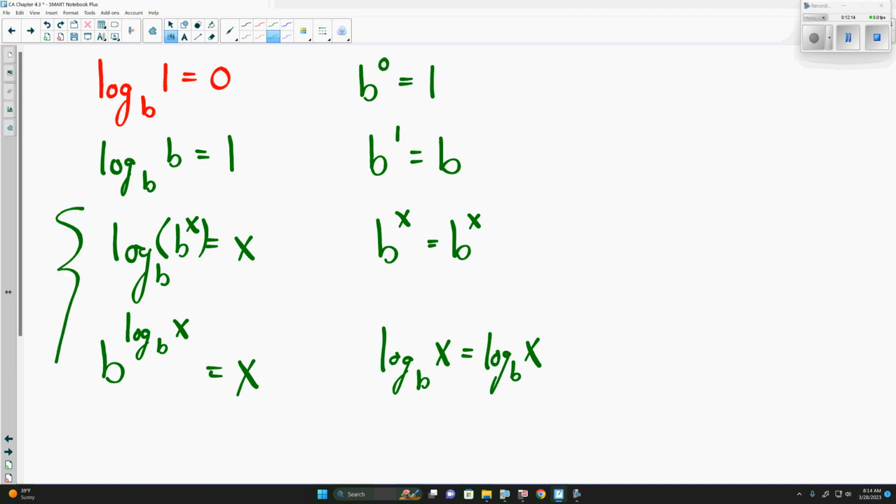Now, out of most of them, these two here are very nice. Because with log base b of b to the x, when the base and what's inside are the same, we can simplify it. And we'll get to a lot of the properties, especially why this works.